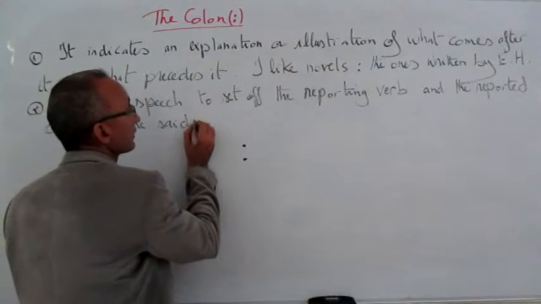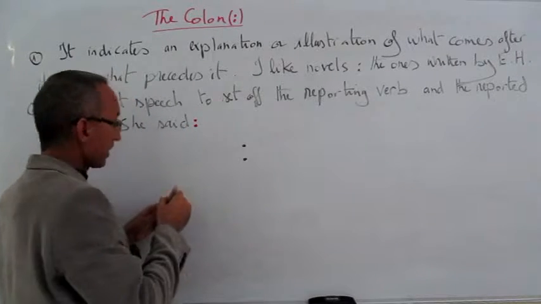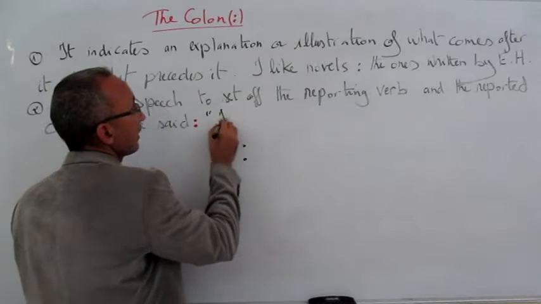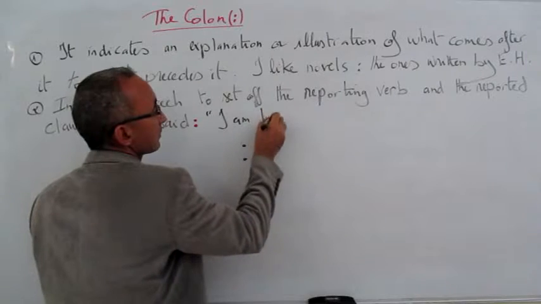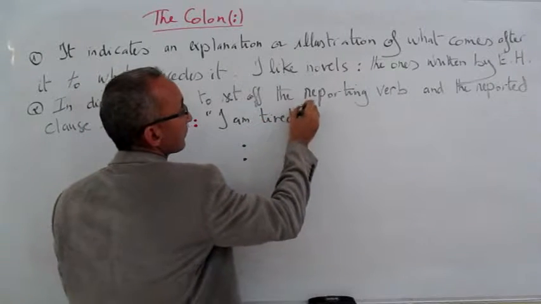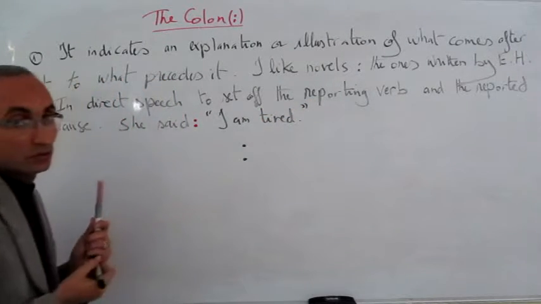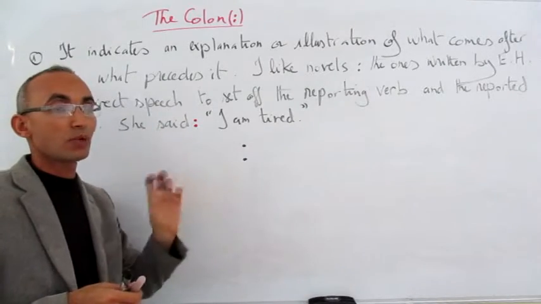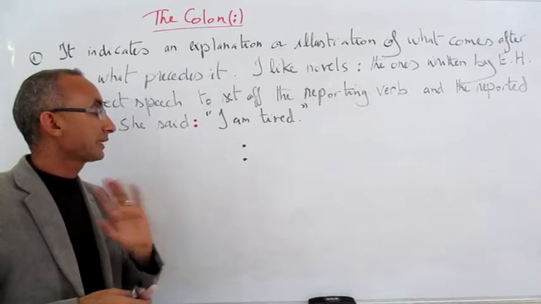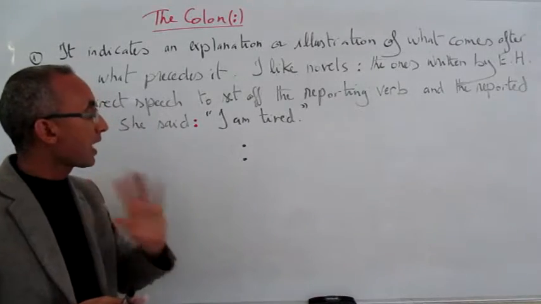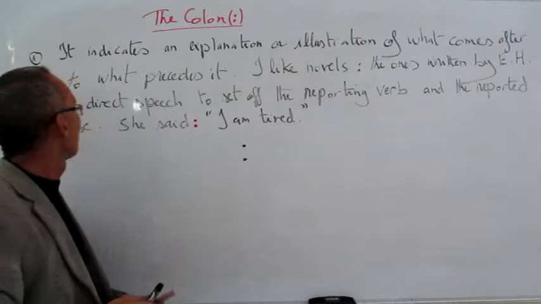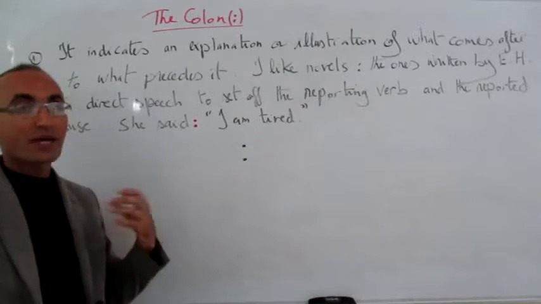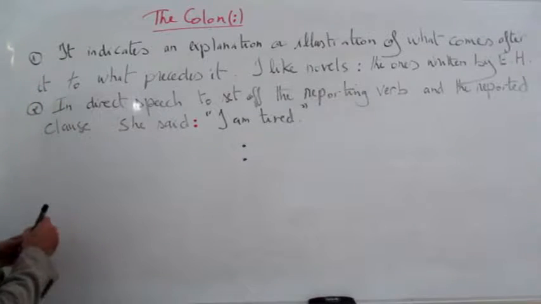And we write, she said, for example, I am tired. So it's up to you to put either comma or colon. Both are correct and academic, and no harm done if you use any one of them.